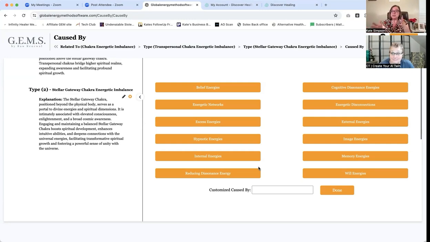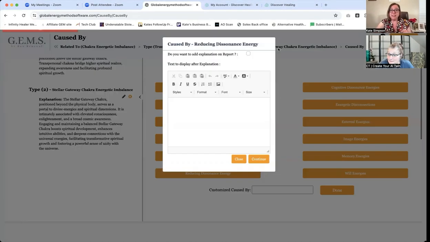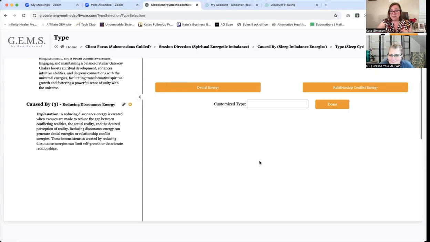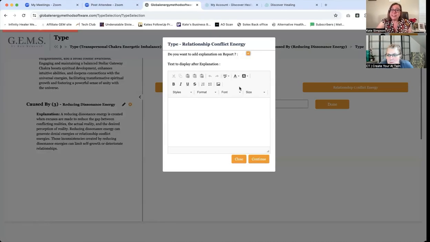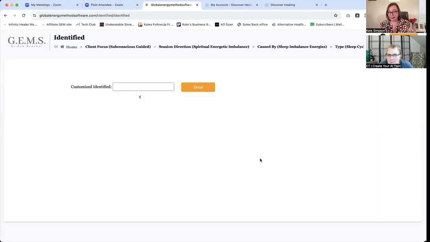Okay. What is contributing or causing this chakra to be imbalanced in some way? This is being affected by something called a reducing dissonance energy, and it's called a relationship conflict. This actually comes from the world of psychology.